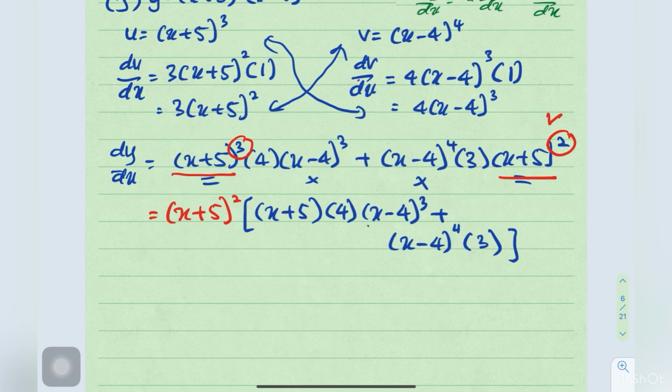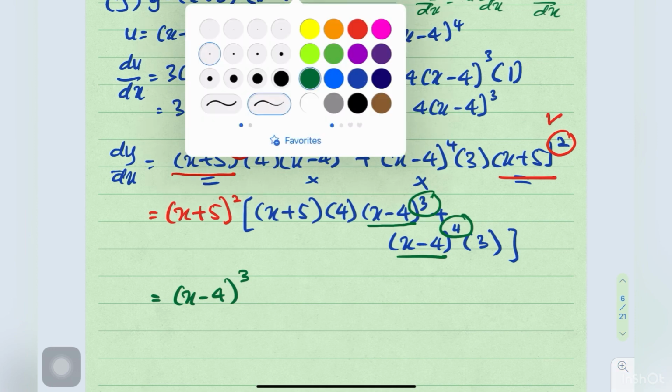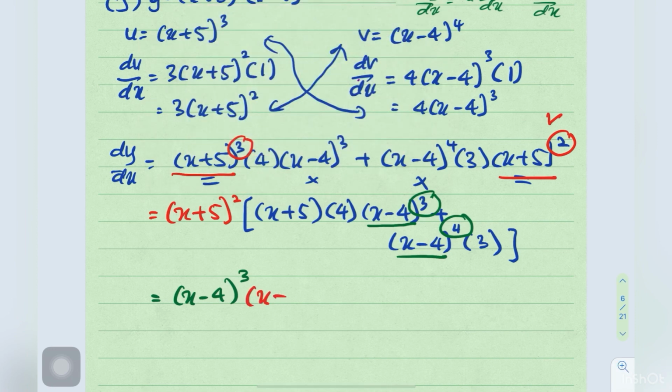For this one, (x minus 4), again we factorize. We get (x minus 4), we choose the smaller one, power of 3. This one we already have (x plus 5) squared. Then in the bracket become 4(x plus 5) plus 3(x minus 4).